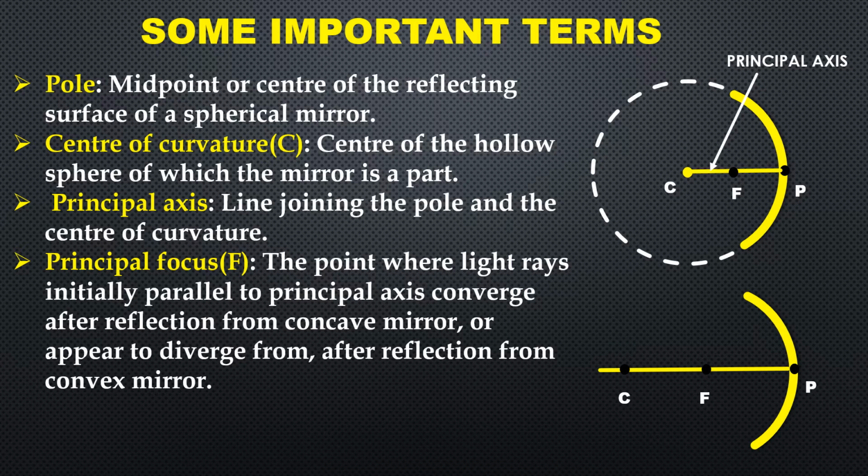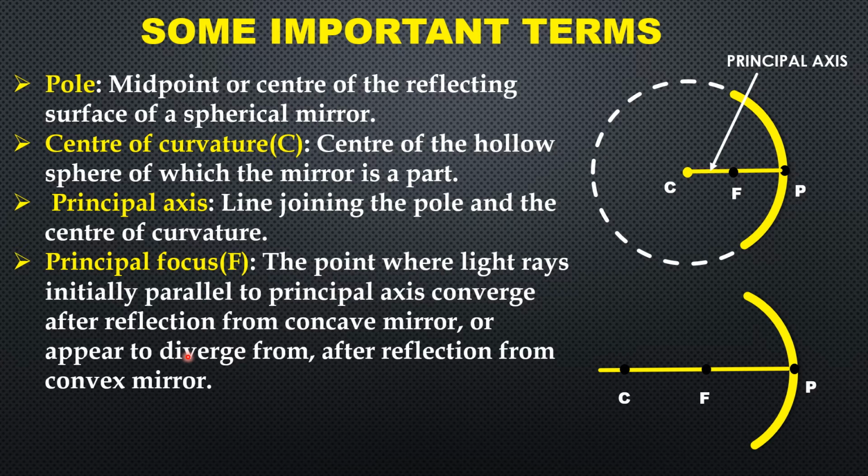Principal focus is the point midway between pole and center of curvature, and as we will study in the coming part of the chapter through ray diagrams, it is the point where light rays converge in the case of a concave mirror, if they are initially parallel to the principal axis.